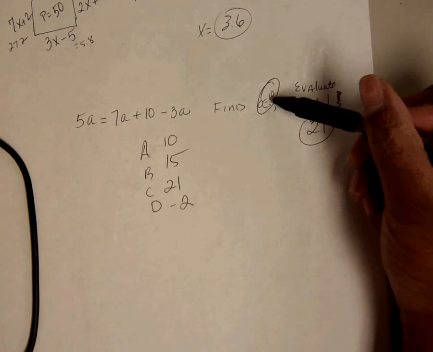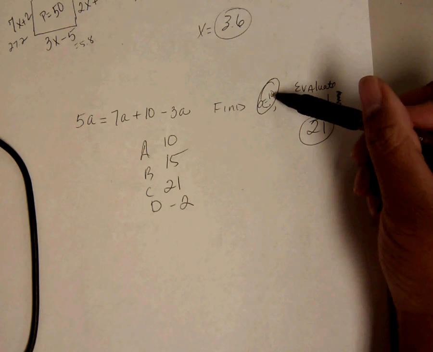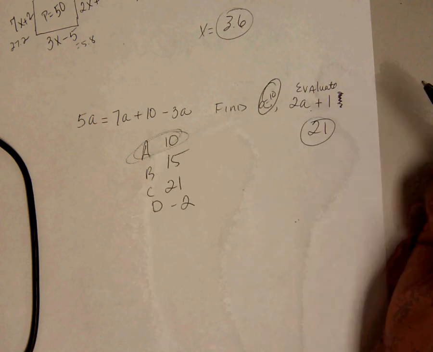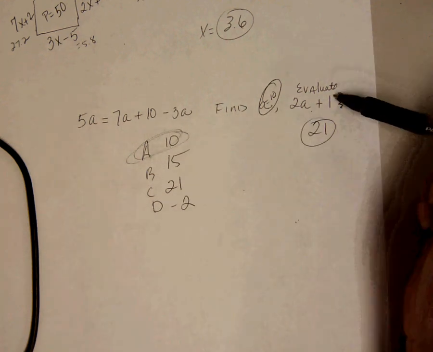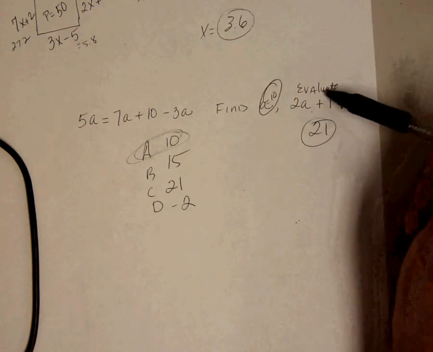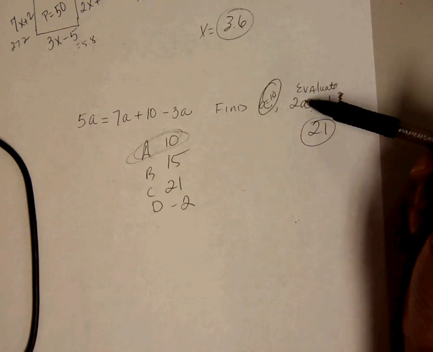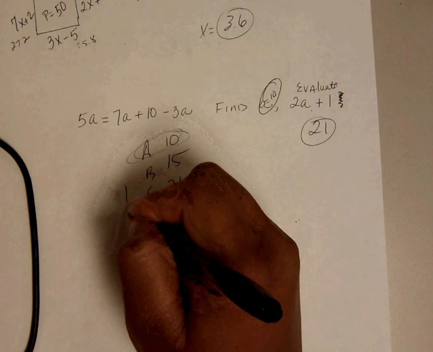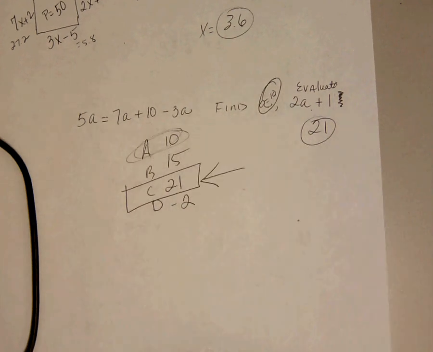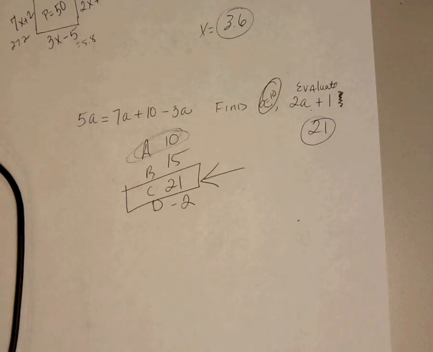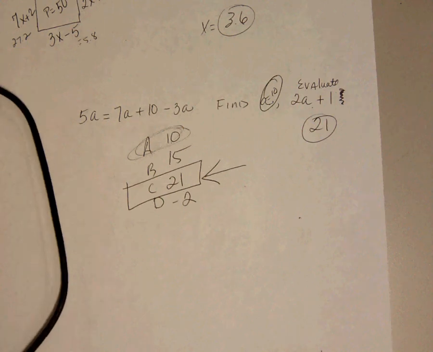Well, a equals 10. So if the question says, what is the value of a, you would pick 10. But if the question says, evaluate 2a plus 1, you're going to plug the answer you got into that and get the final answer of 21. So this would be the correct answer. And that concludes the video for today.